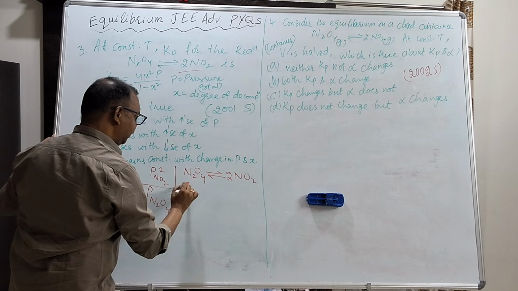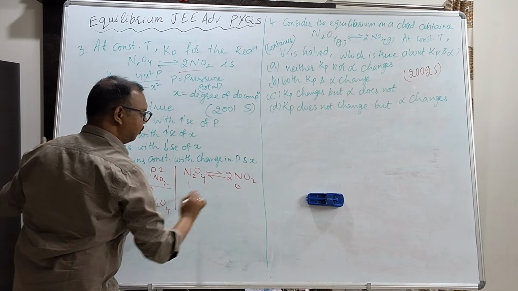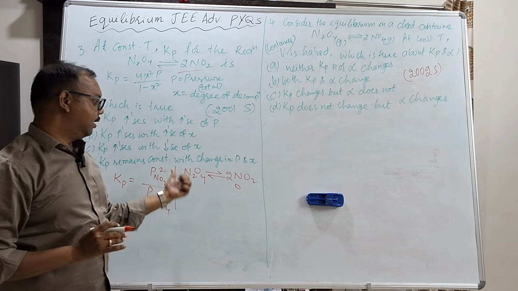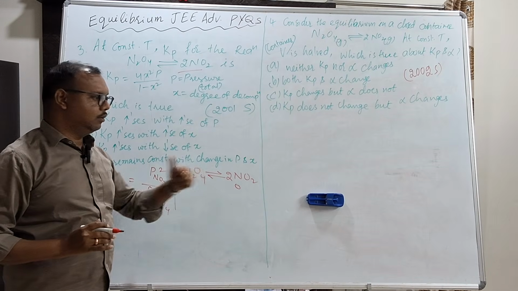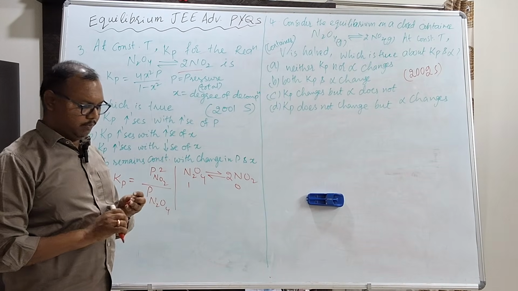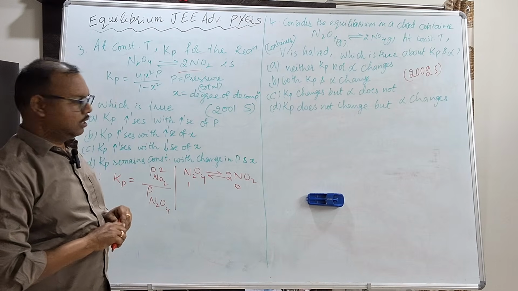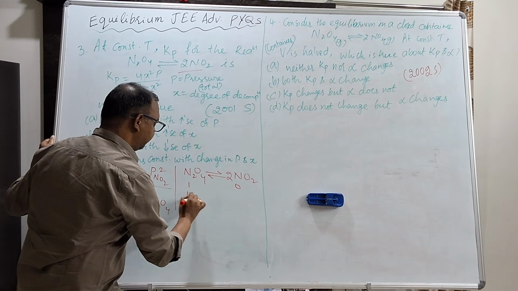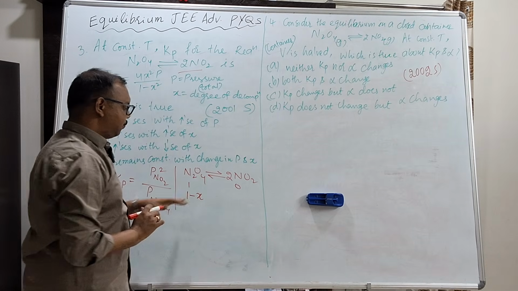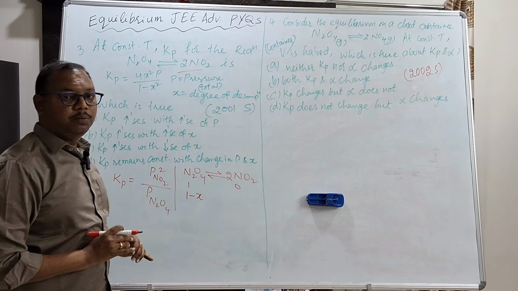See, initially 1 mole and 0 before decomposition, keep that in mind. Before decomposition it is initially 1 mole and the product is not formed, therefore it is 0. After some time it is 1 minus x, that means from 1 mole, x amount is decomposed.